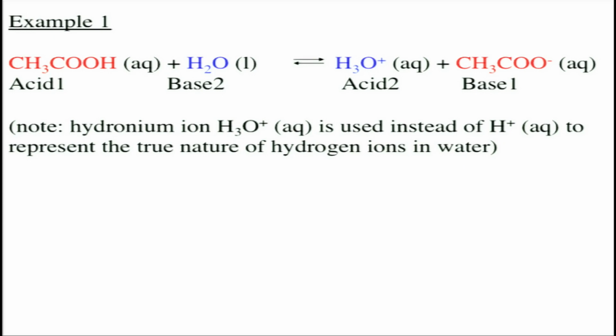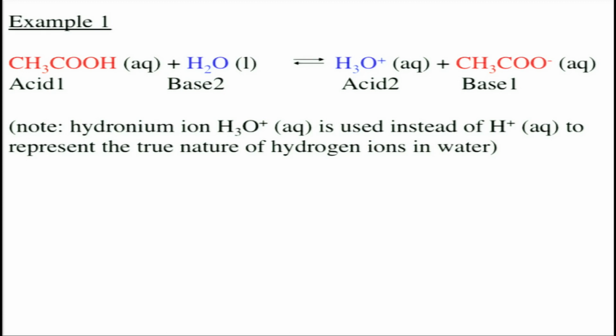And when the acid loses its hydrogen ion, it becomes this base over here, the same molecule minus the hydrogen ion, so now it has a negative charge. You'll see hydronium ions quite a bit, which is H3O+. That's really the more accurate form rather than just writing H+ somewhere. So that's the true nature of things.